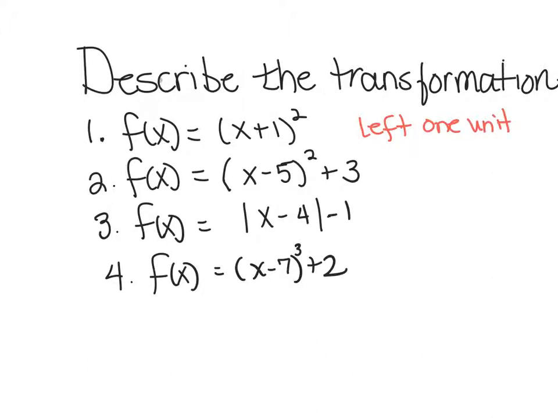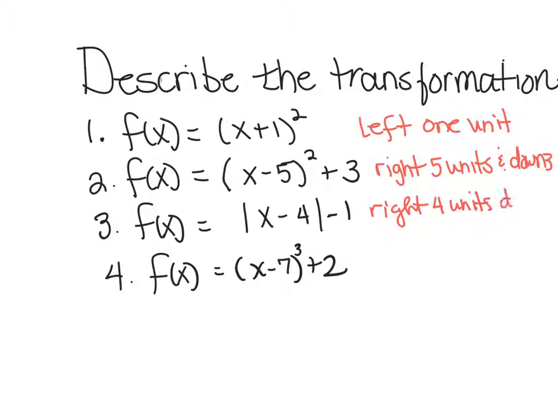We see a subtraction here. We'll automatically think left, but it's going to be the opposite. So it's going to move right 5 units and down 3 units. The next one is absolute value, and it's going to go right 4 units and down 1 unit.